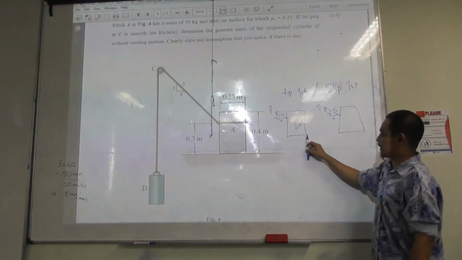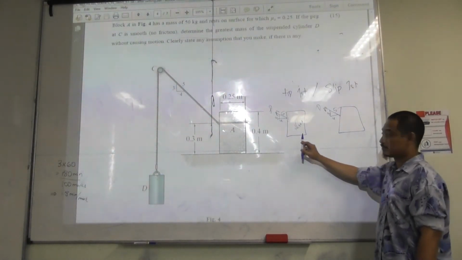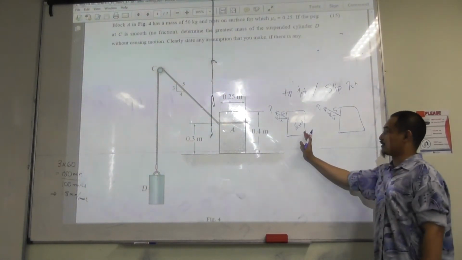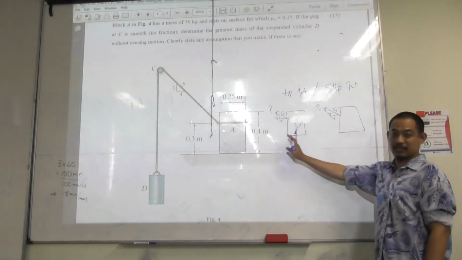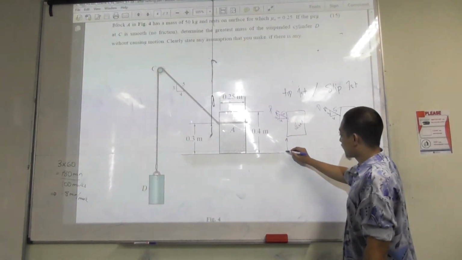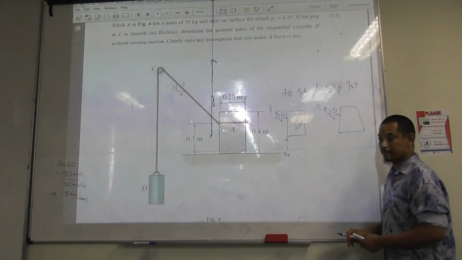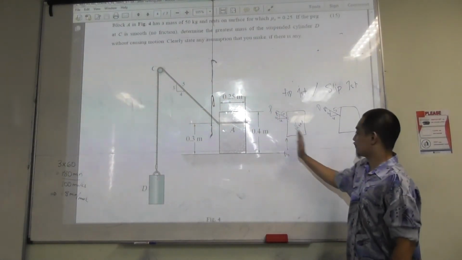Here or on the edge, the right or left? How many of you see on the right? On the left? Why? Yeah, because it tends to tip that way, right?